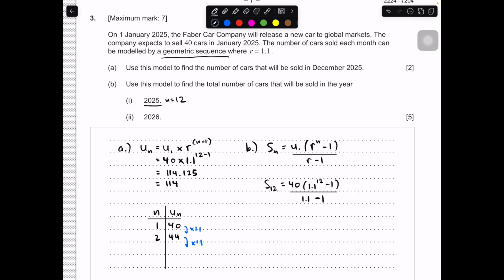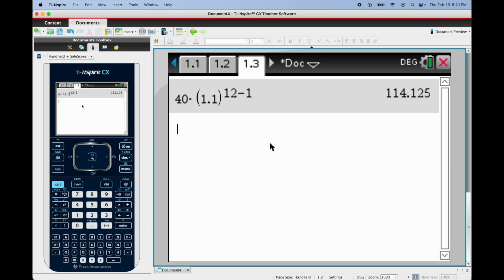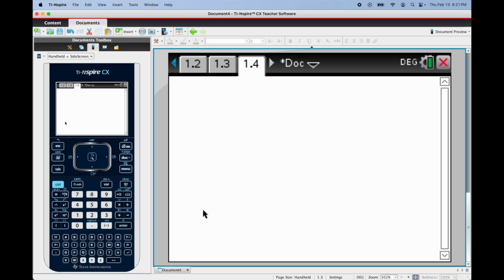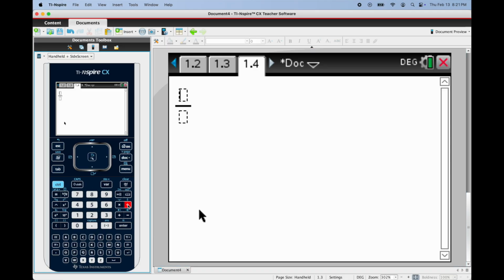Okay, I am going to head into the calculator screen now. Let's put that in. On the calculator, set up a fraction: 40 times, and so on, minus 1, and then 1.1 minus 1. Everything looks good.